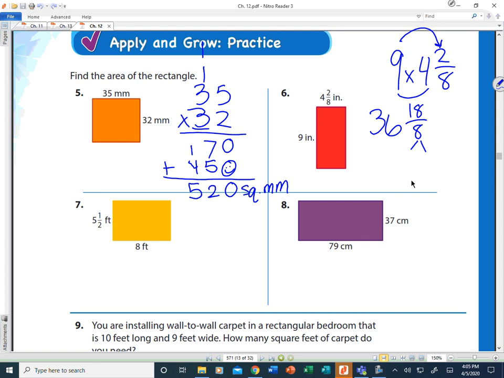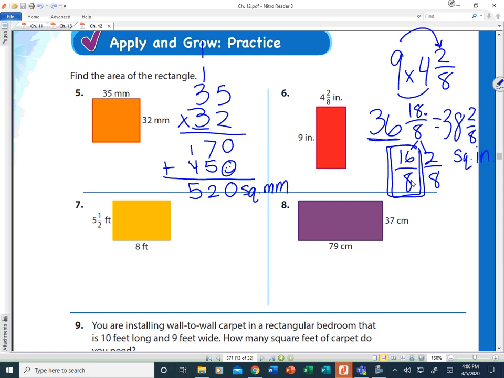I only have 18. So 8, 16. 16/8, which is the same thing as 2 more wholes, right? And if I take out those 16/8, I would still have 2 more because I have 18 total. So now put my wholes together. 36 plus 2 more wholes is 38 wholes, and I have 2/8. And then we've got square inches.